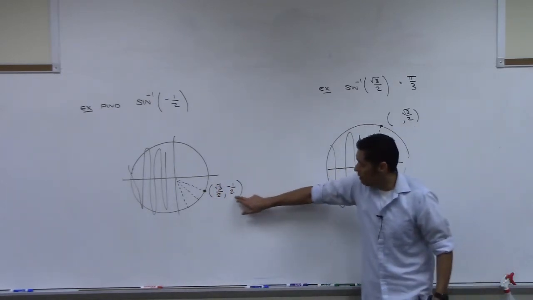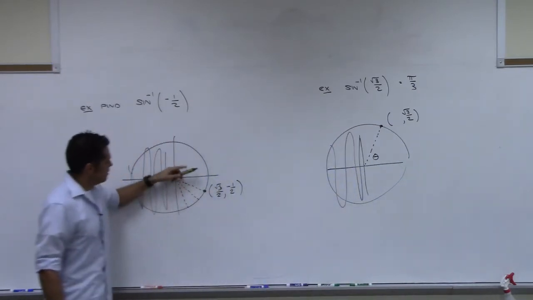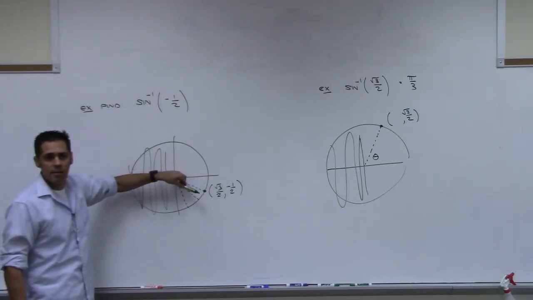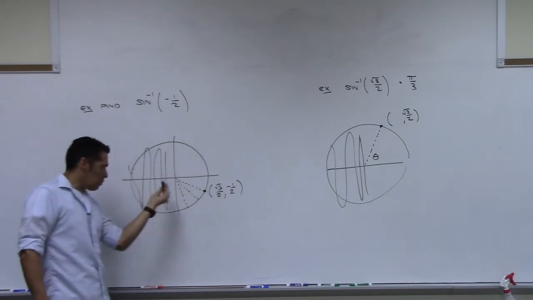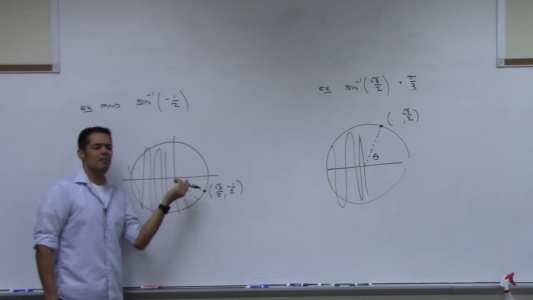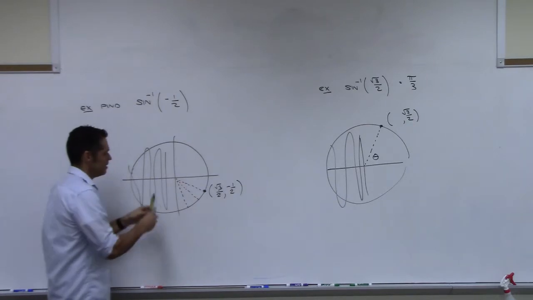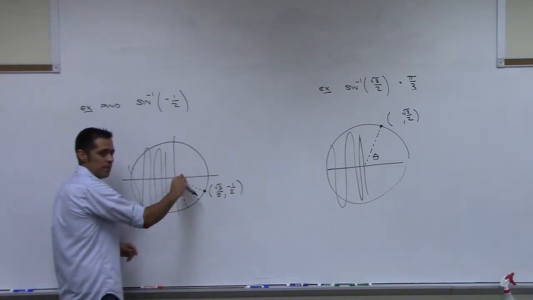So we're looking at the y, right? So what is this angle? You could say negative 30 degrees, or you could say negative pi over 6. What can you not say? 330 degrees, you could not say. You could not say 11 pi over 6, because that would be too big.